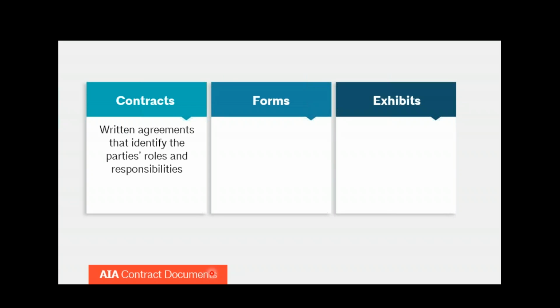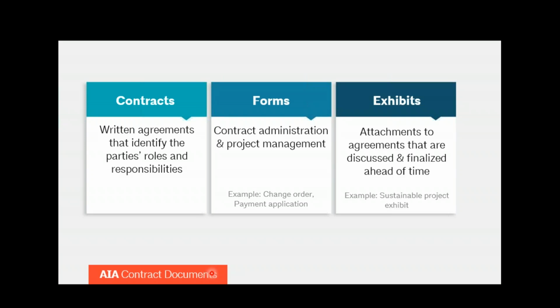So your contracts are the majority of documents we have to offer, but we also offer different forms that aid in contract administration and project management. So for example, your change orders, like our G701, your payment applications, G702 and G703. And we're going to see some more examples of those a little later on.